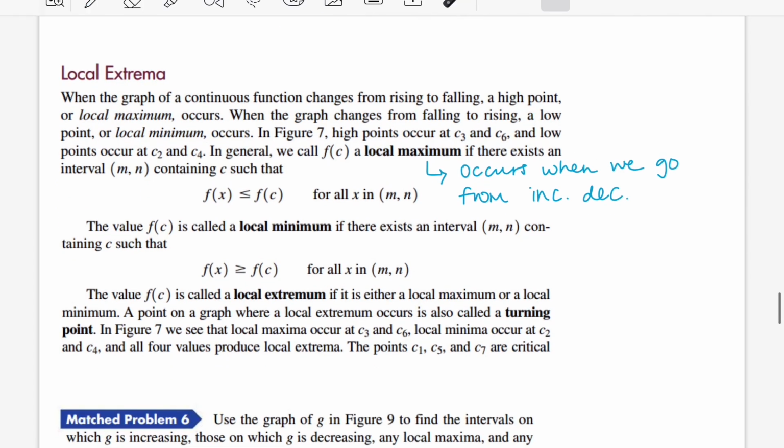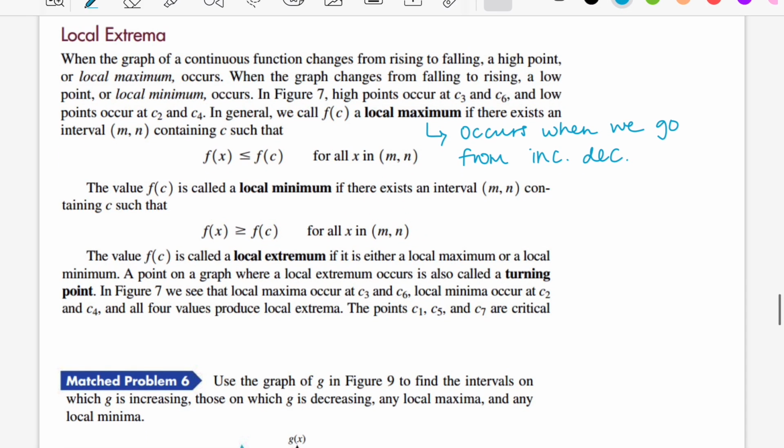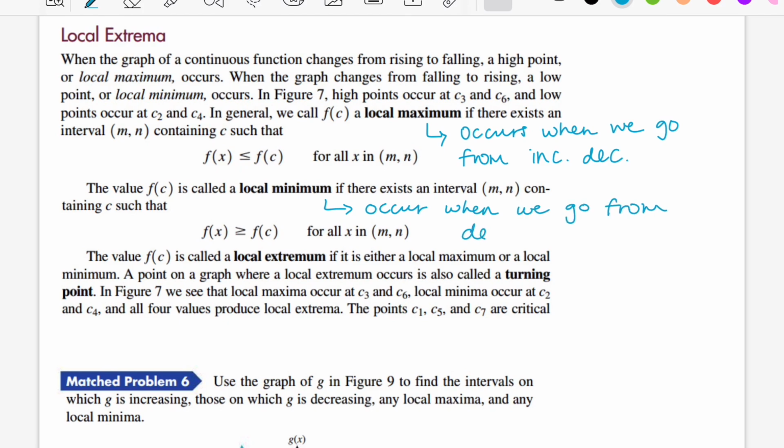And similarly, this value f of c is going to be called a local minimum if we have c within this interval such that f of x is actually greater than or equal to f of c for all values in this interval. And so this local minimum is going to occur when we go from decreasing to increasing.